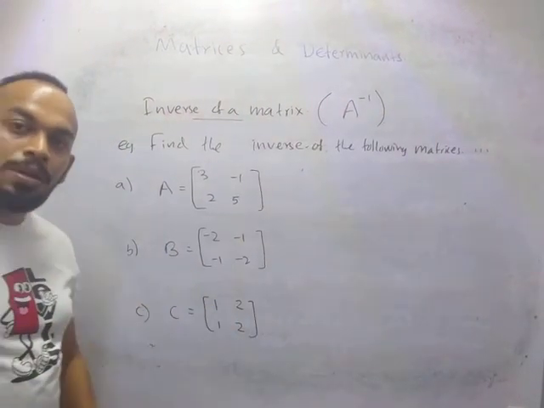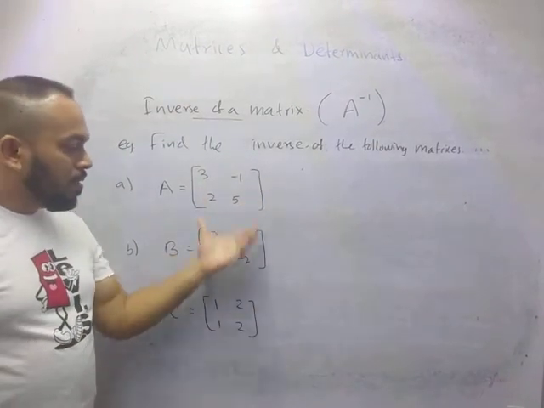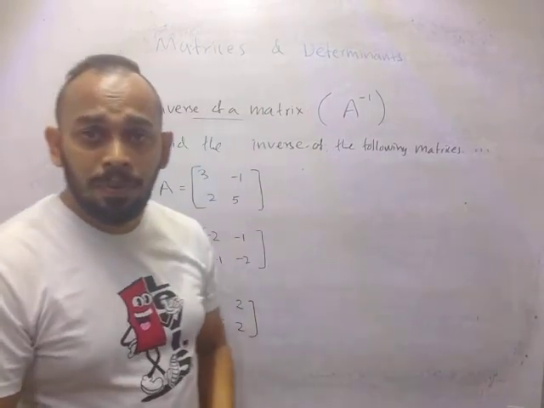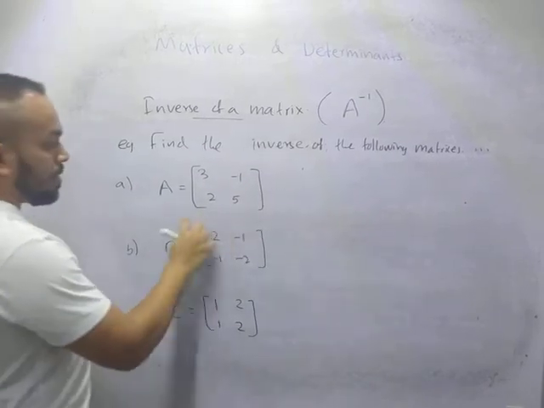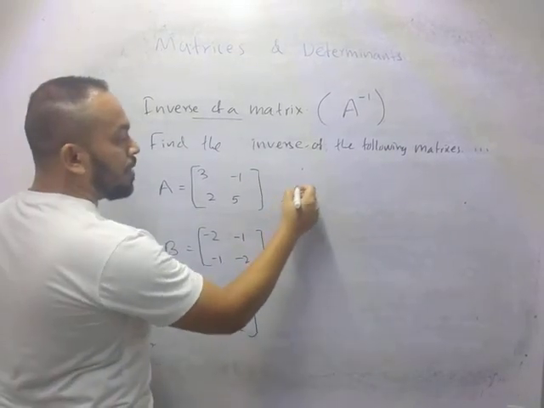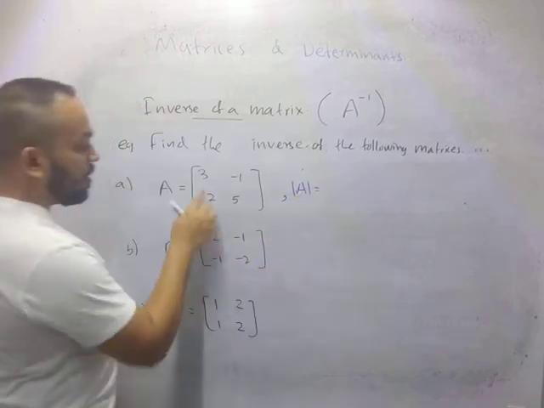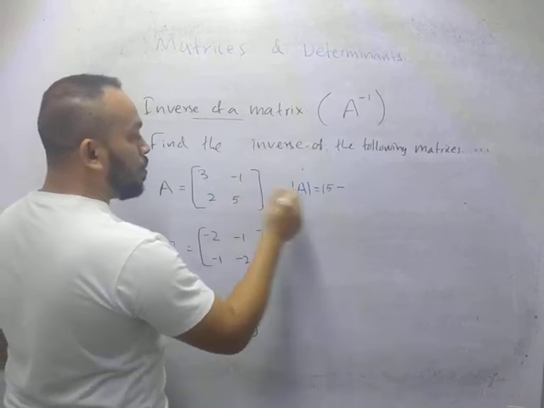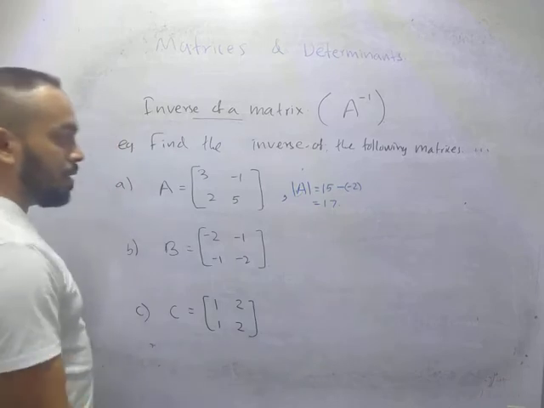Let's find the inverse of these three matrices. It's very simple. When a matrix is given, first find its determinant. Let's take this matrix. The determinant is 3 times 5, which is 15, minus 2 times minus 1, which is minus 2, so the determinant is 17.